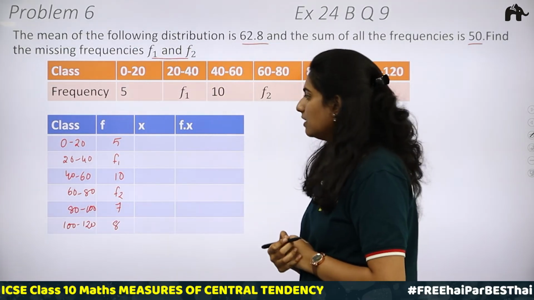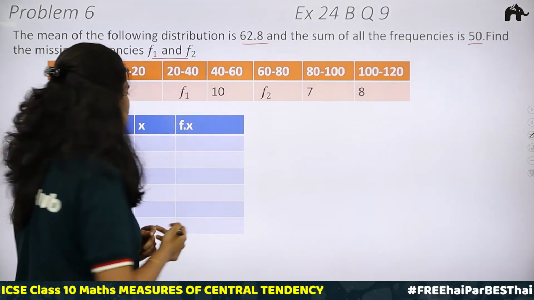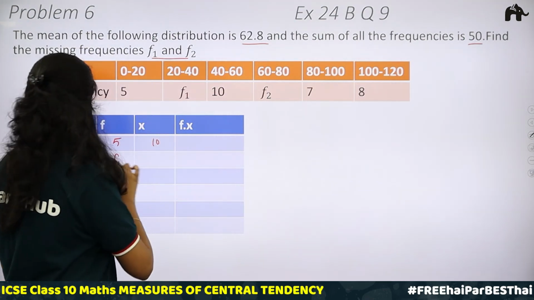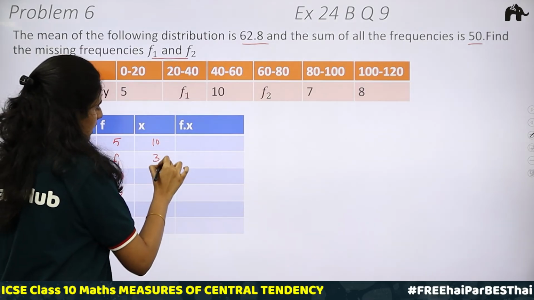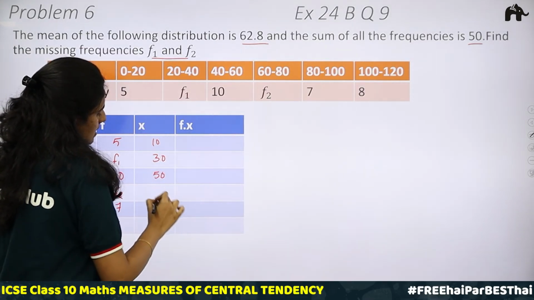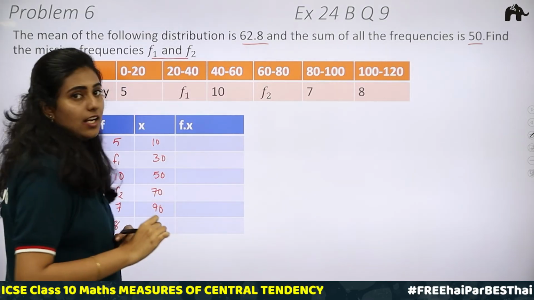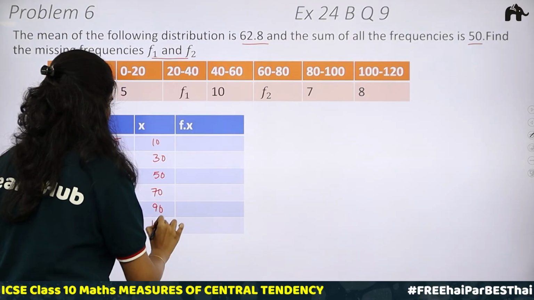Okay. Next, mid-value, 0 to 20. What is the mid-value? 0 plus 20 divided by 2. You will be getting 10. 20 to 40, 30. 40 to 60, 50. 60 to 80, 70. 80 to 100, 90. And 100 to 120, 110.